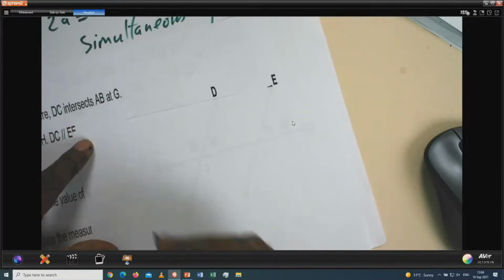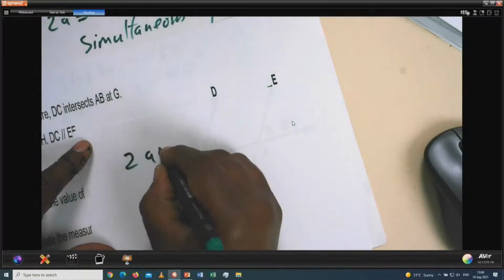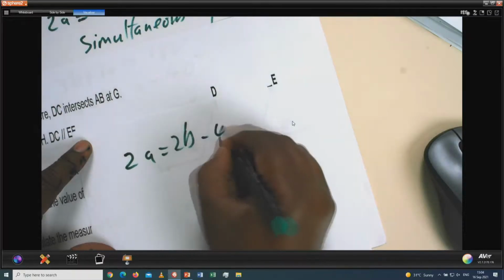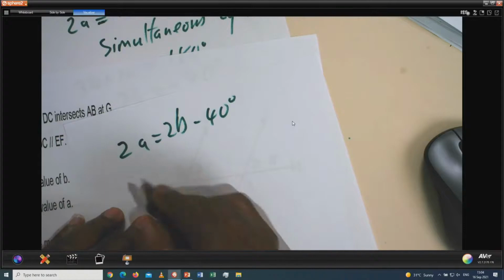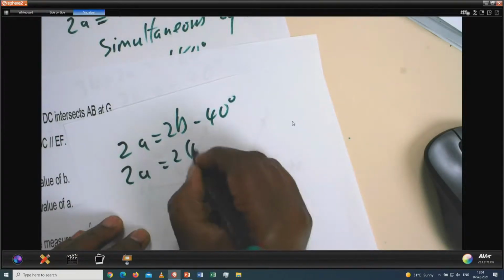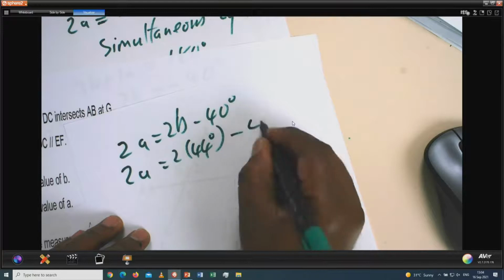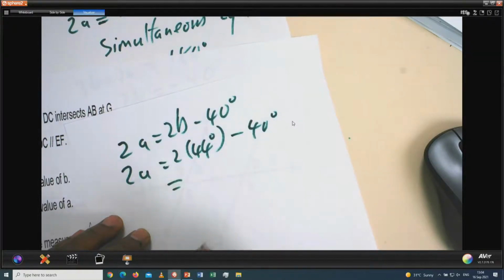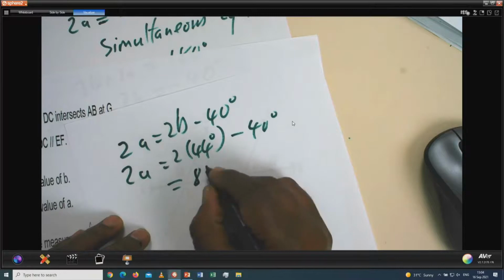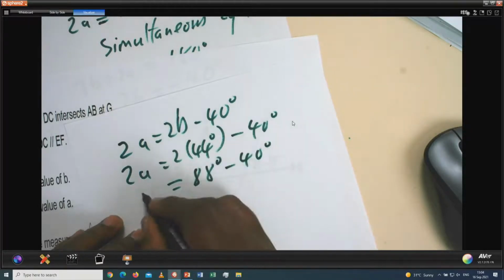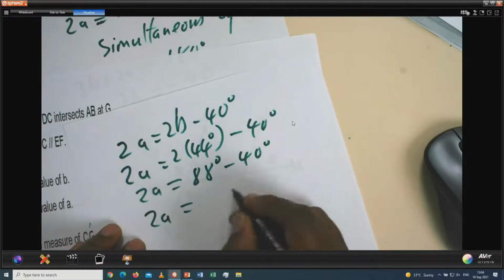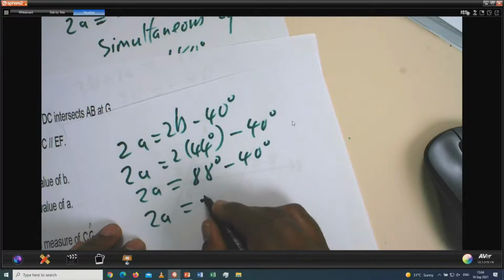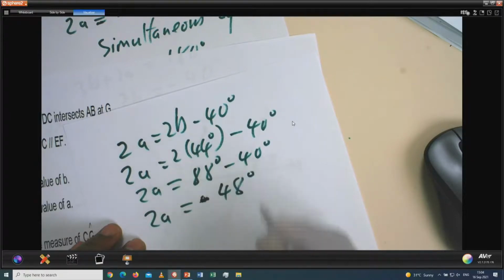I will choose the 2a one; for me it looks a little bit easier. We are not the same, and we do things differently. We found that our b is 44, therefore where there is b, you put 44 degrees, minus 40 degrees. 2 times 44 degrees is 88 degrees, minus 40 degrees equals 2a. So 2a will be equal to 48 degrees.